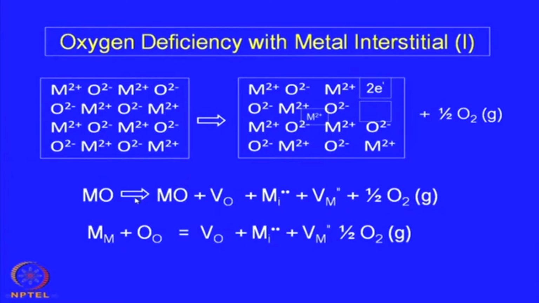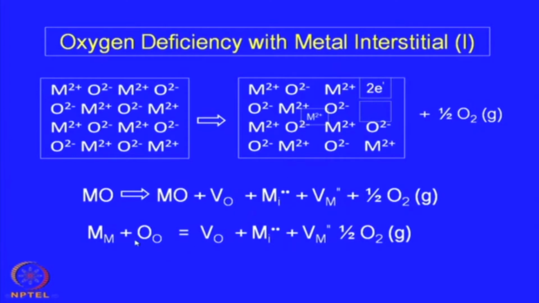So, that is how it has been written there, and of course, in this case it is already positive, because there was no charge here and metal has come along with these two positive charges. So, an effectively positive site has been created, and a metal vacancy has been created there, and then half O2 has gone out, leaving the electrons over there.